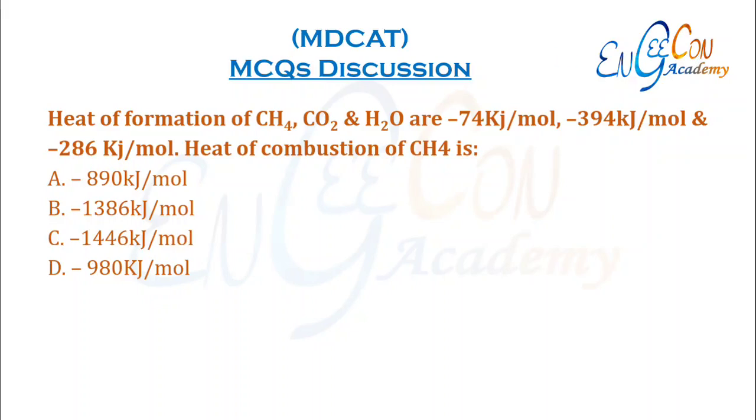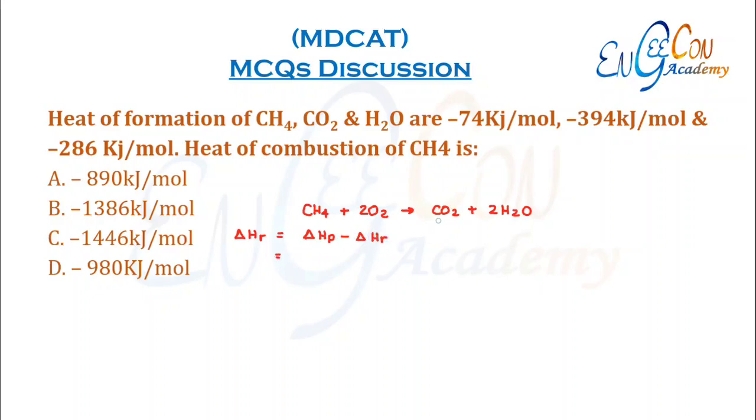Now let's construct the equation for combustion of CH4. So we write CH4 plus 2O2, and they give us CO2 plus 2H2O. This is the heat of combustion equation. So for this equation we can write heat of reaction or heat of combustion is equal to total heat of products minus total heat of reactants.